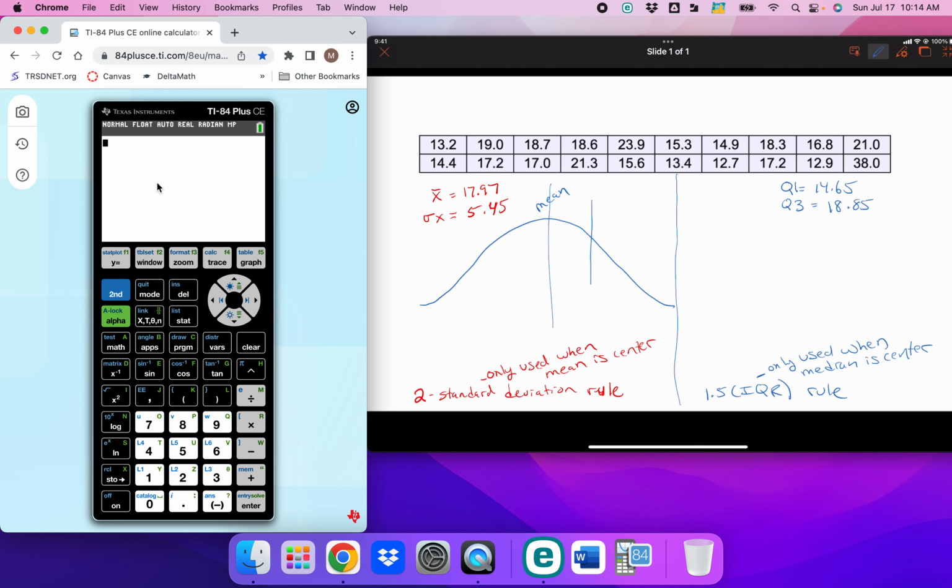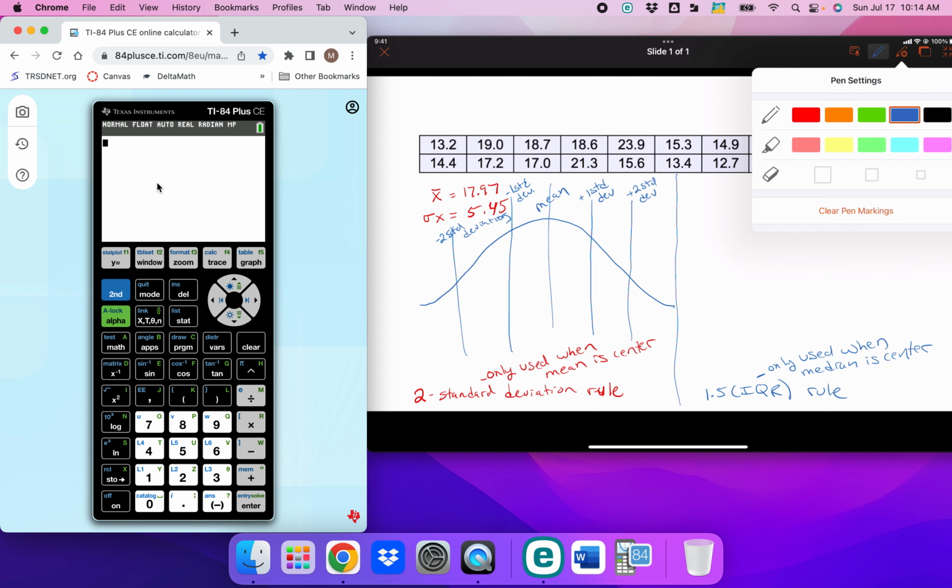This right here would be plus 1 standard deviation. This would be minus 1 standard deviation. Another line here is plus 2 standard deviations. This is minus 2 standard deviations.